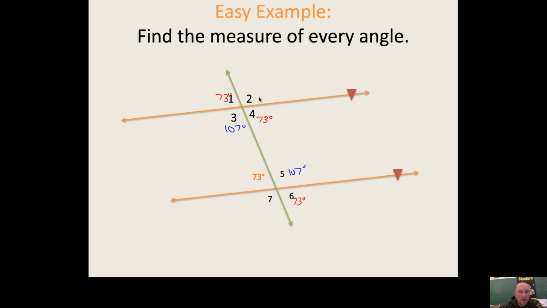Wouldn't its corresponding angle be 107? And then this one's alternate exterior angle is going to be 107. So the way we did this was we used the theorems and the postulates that we talked about in this section.